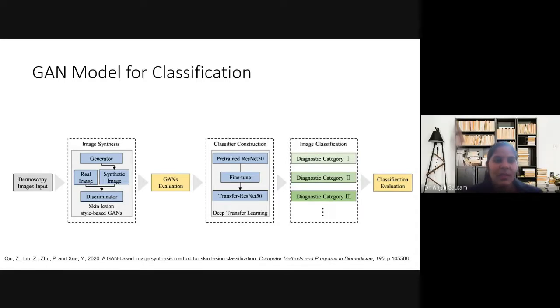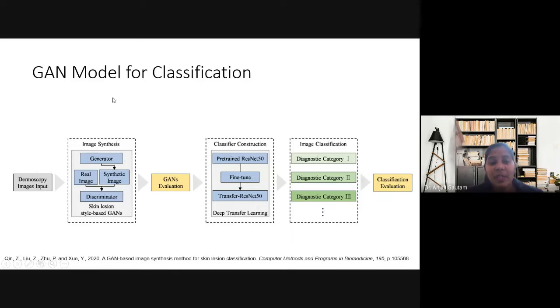So here in the classification, this is an image taken from a 2020 paper, the model proposed by Quinn et al. This is basically on skin cancer classification. You are having dermoscopy images.